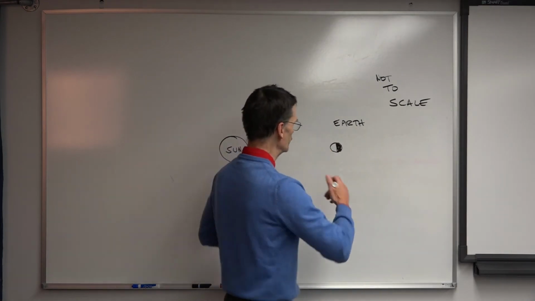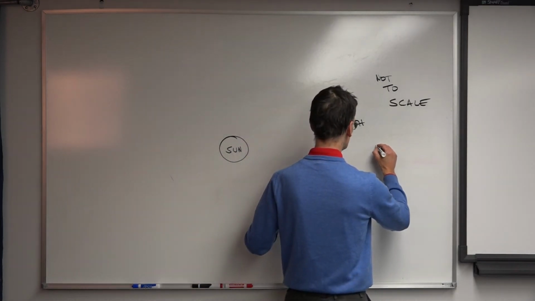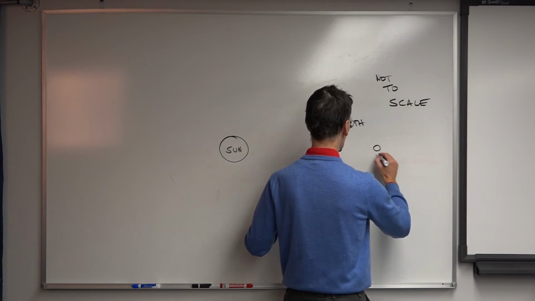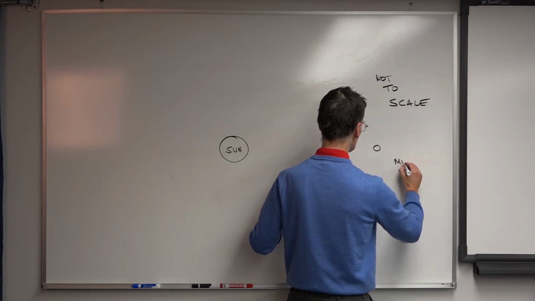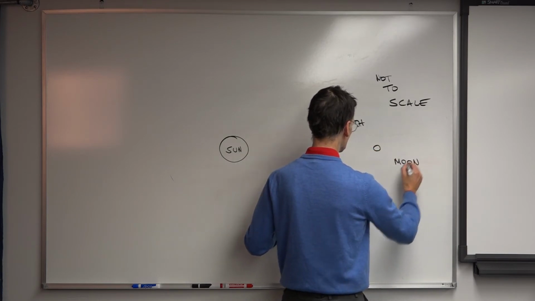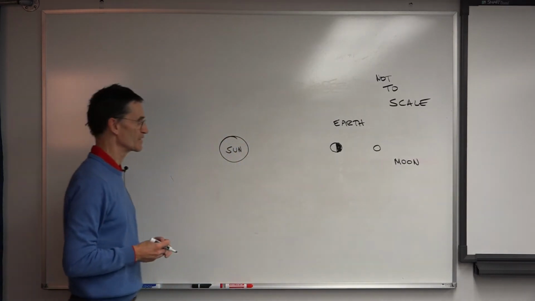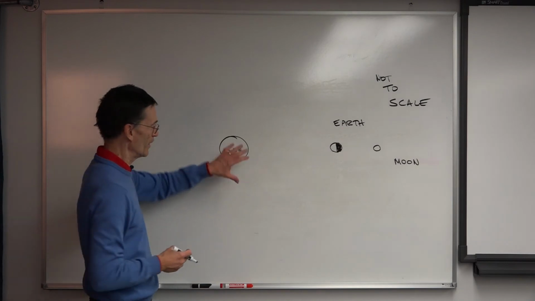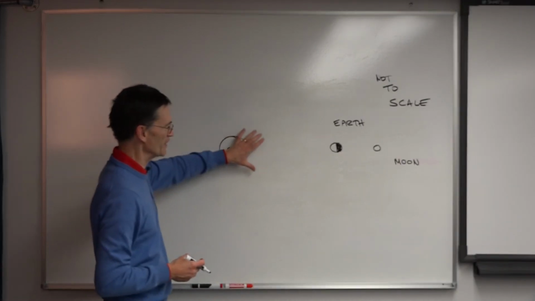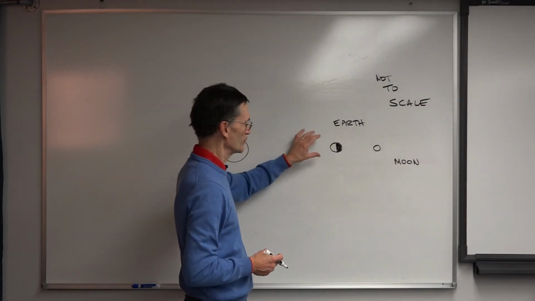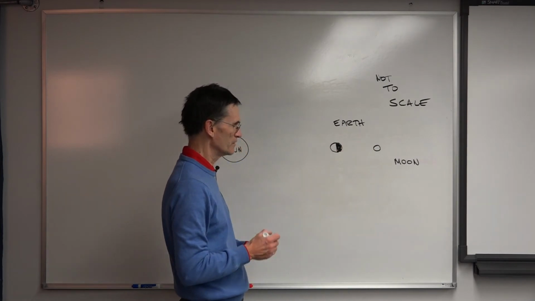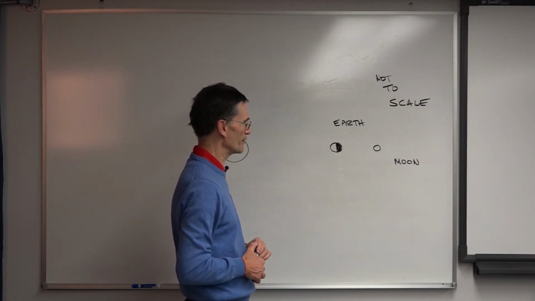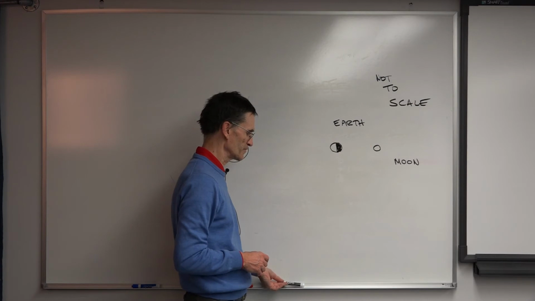Let's say the moon is over here, behind the Earth. We can assume that the light from the sun goes out in all directions and kind of goes around the Earth. It's not totally blocked.